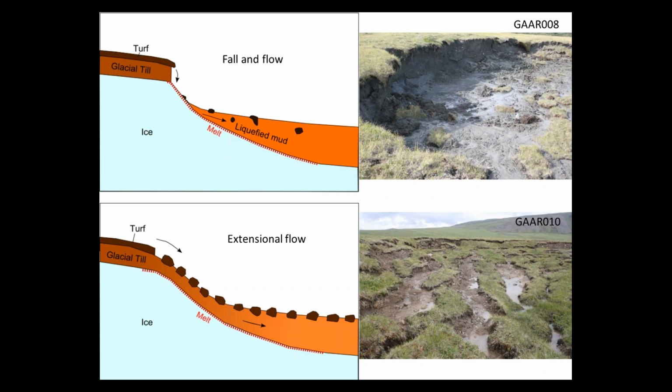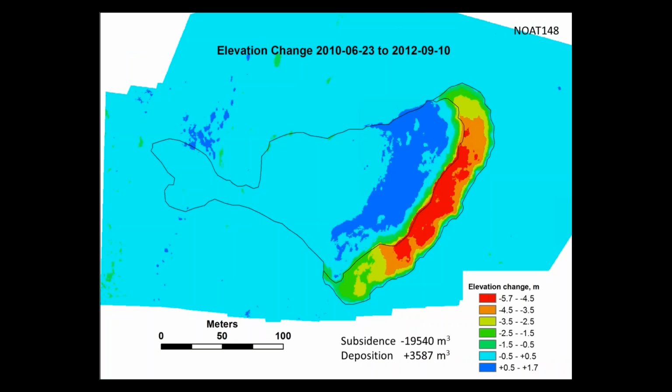What you end up doing is tearing apart the turf into these elongate blocks, and you're getting melt because the active layer is basically thicker than the amount of overburden here, so you're getting melt, but without actually exposing a face. And that usually seems to happen, those can actually move pretty quickly, but they are, I'd say, usually a sign that this particular thaw slump growth rate is slowing down.